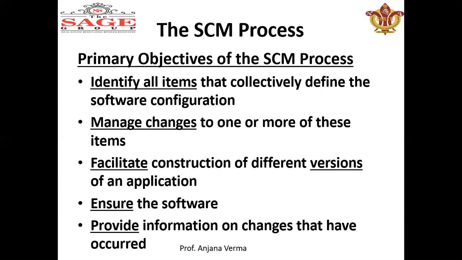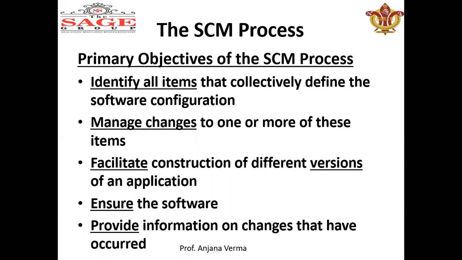Now, what is the process of change management for the configuration process? First, you identify the items or components. Divide them: item 1, item 2, item 3, item 4, like this. Manage the changes.